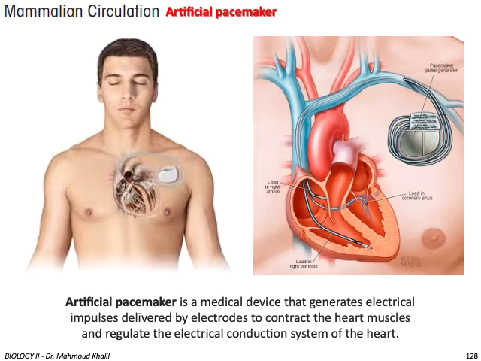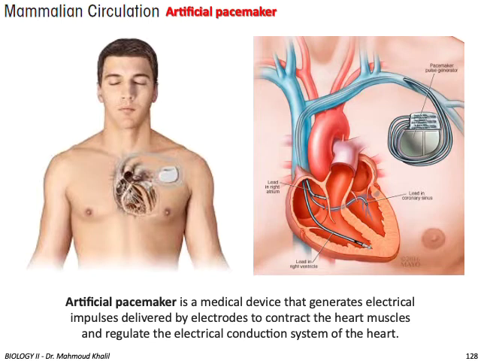So, as we said before, the SA node is responsible for controlling the rhythm of the heart. Some people may have a problem in this SA node, so they need an implant, which is an artificial pacemaker. This artificial pacemaker is a medical device that generates electrical impulses delivered by electrodes to contract the heart muscle and regulate the electrical conduction system of the heart.